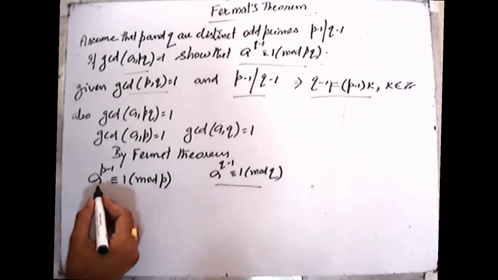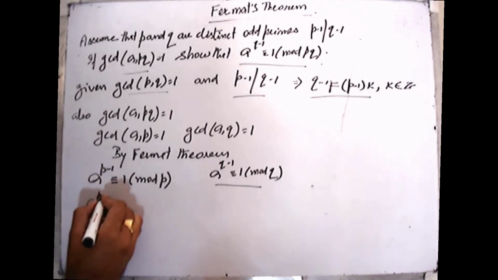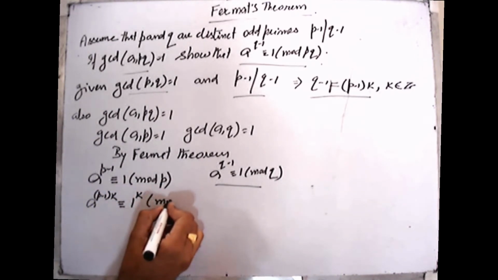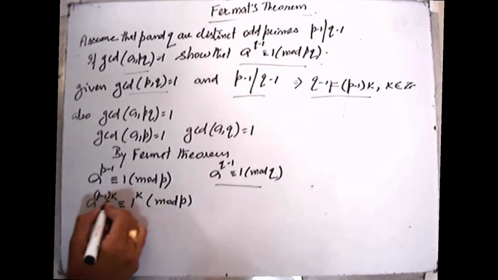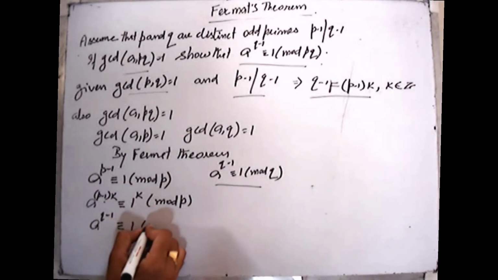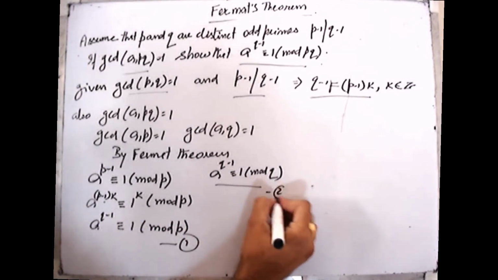So we raise power K on both sides. That is, A^((P-1)K) is congruent to 1^K modulo P. And what is this? By that, this is A^(Q-1) congruent to 1 mod P. So this is number 1, this is number 2.